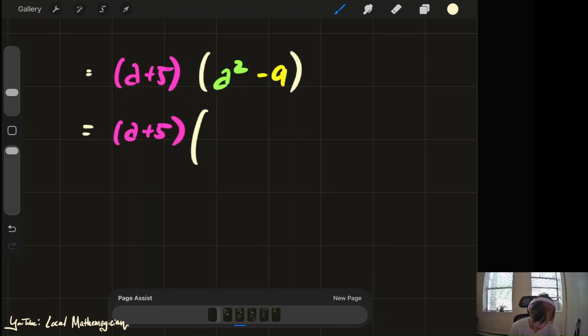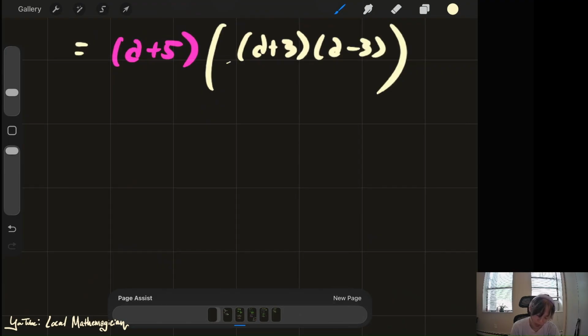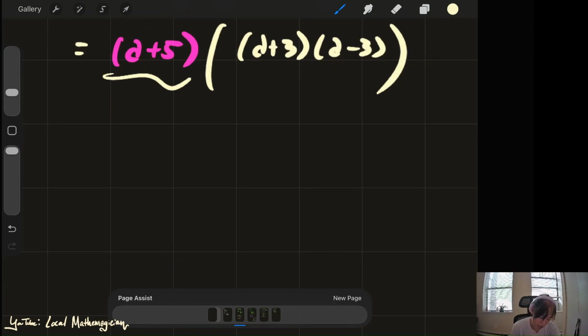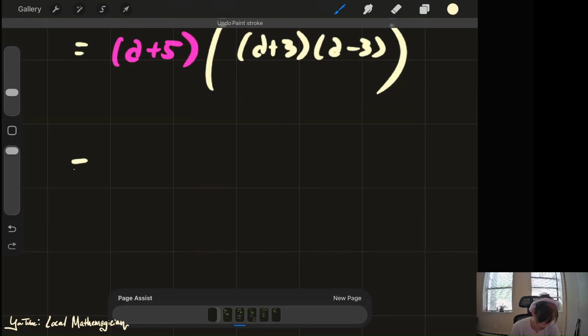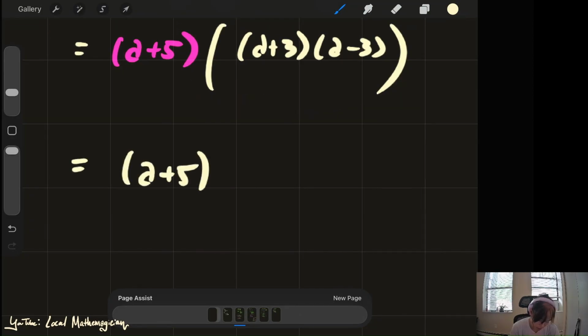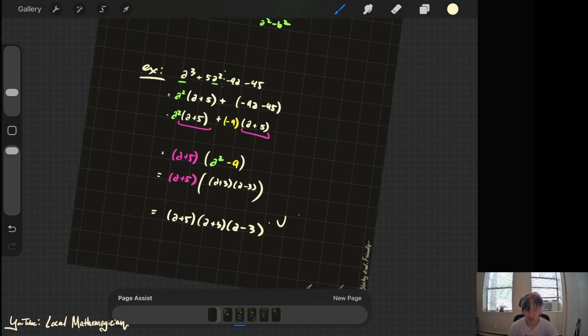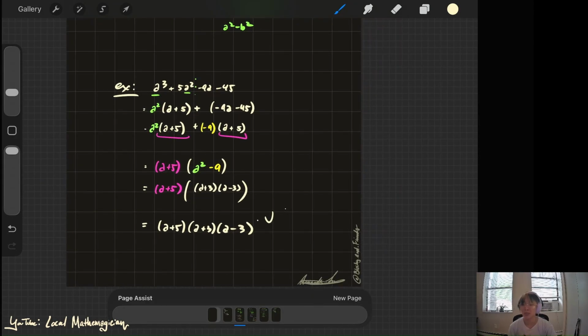And this guy is secretly just a plus 3, a minus 3. Oh, but it's all being multiplied. You see how this is being multiplied to this, right? There's no addition here, and this is being multiplied to this. Oh, and then you can just call that a plus 5, a plus 3, a minus 3. Ta-da! When you're factoring by grouping, sometimes you'll find that you can factor things further. Do it!